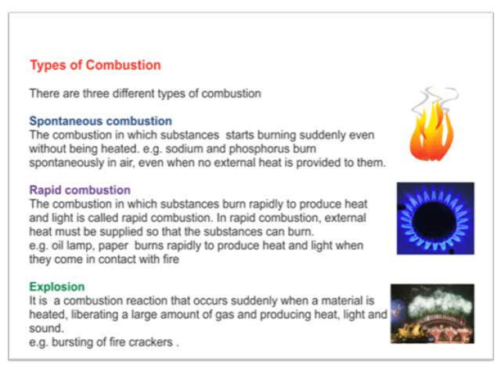Finally, explosion. It is a combustion reaction that occurs suddenly when a material is heated, liberating a large amount of gas and producing heat, light, and sound. Example, bursting of crackers.